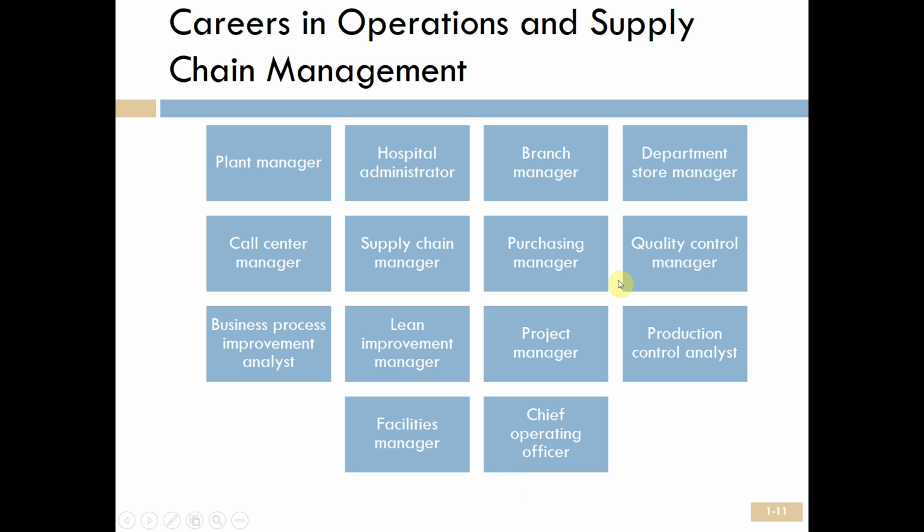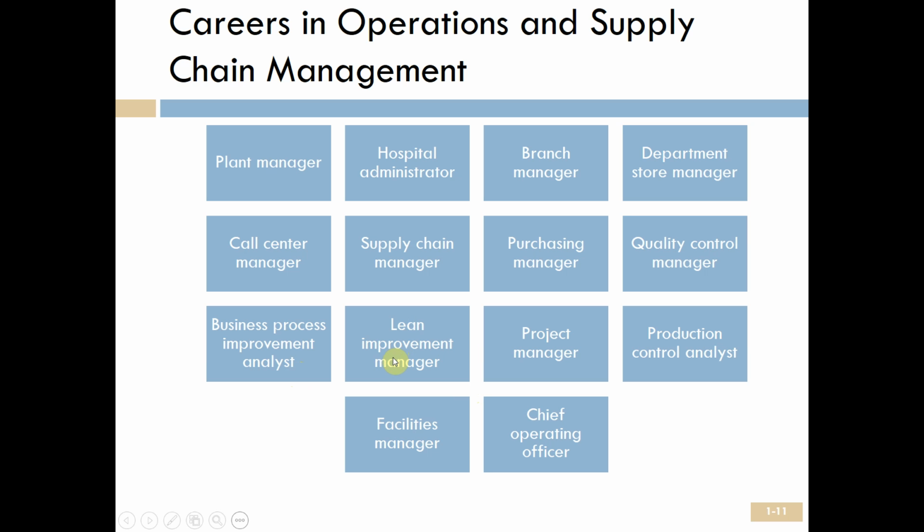You can be involved with quality, ensuring that what you produce is high quality. You can be someone who looks at data and helps make decisions on how to do things better. You can be involved with minimizing waste.